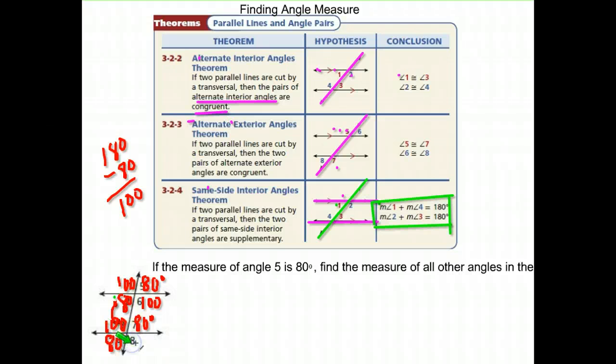And it's congruent to angle 8 down here for either vertical angles, or angle 6 and angle 8 are corresponding, so they're the same. So again, notice by knowing one angle in the figure when we have parallel lines and transversals, we can fill out all of the angles and their values because of these theorems.